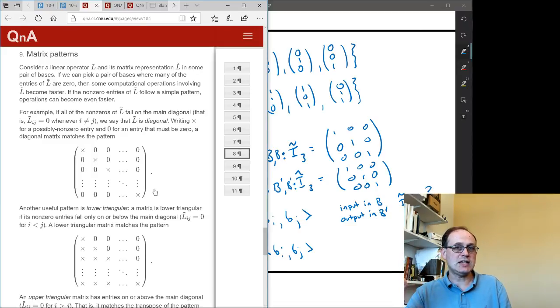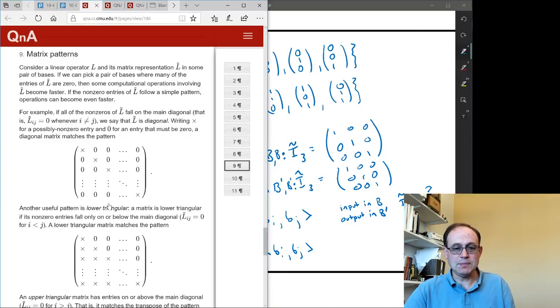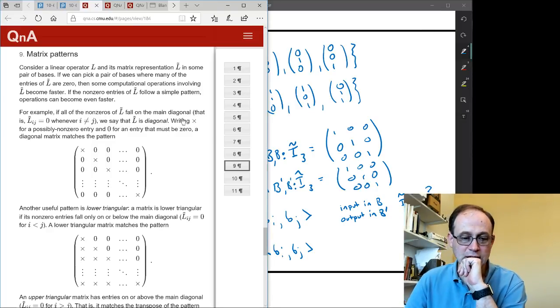And so it's going to make sense for us to pick a basis that makes it easier for us to do operations that we have to do. So in particular, it's often helpful to have the non-zero entries of our coordinate representation matrix follow some kind of simple pattern. So I'm going to talk now about a few different patterns that they might follow.